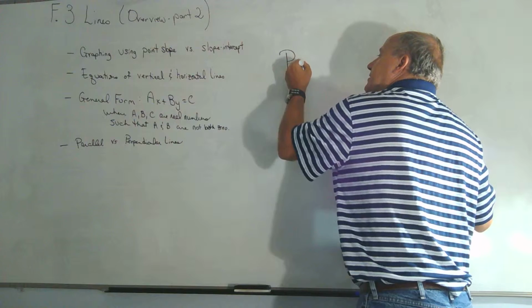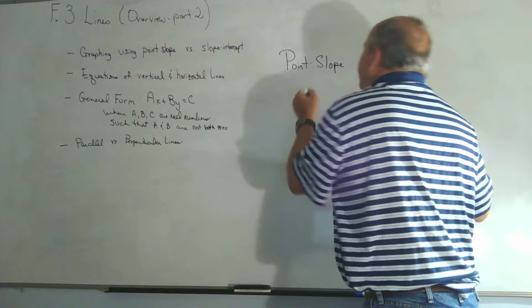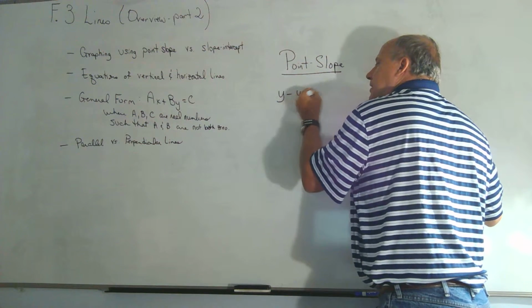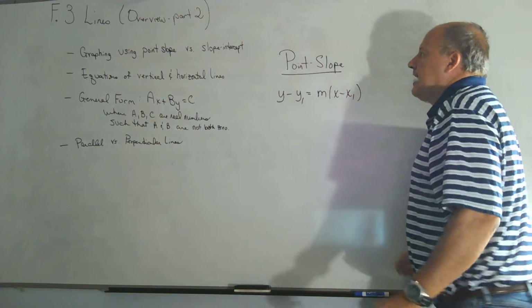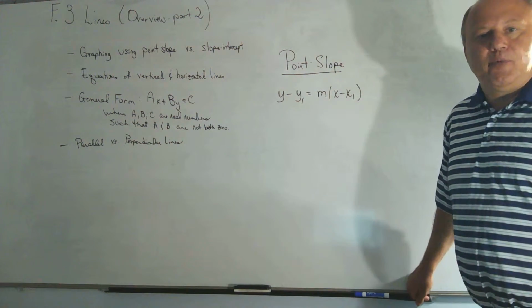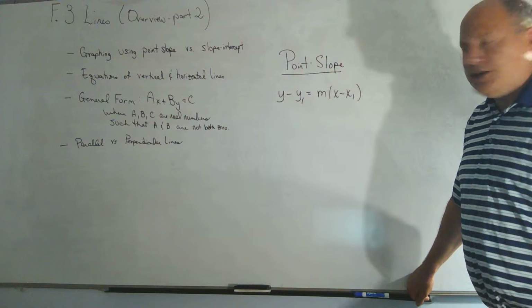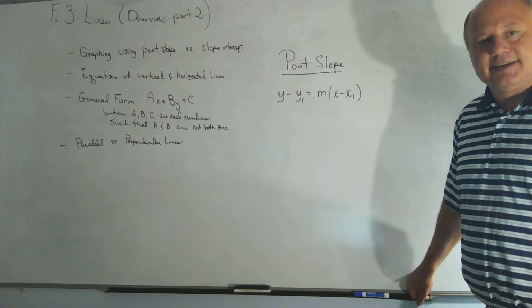The point slope equation of a line looks like y minus y1 equals m times x minus x1. That's the equation of a point slope. That should look somewhat familiar to you, even if you haven't taken this class before.